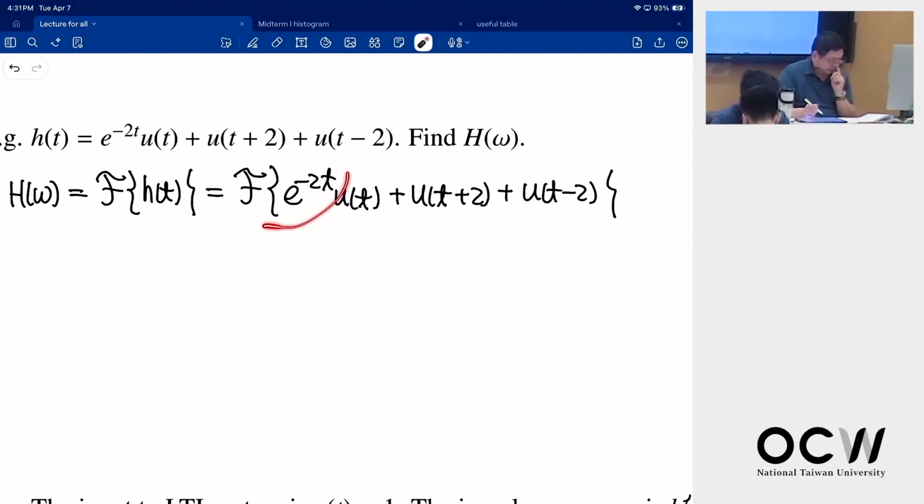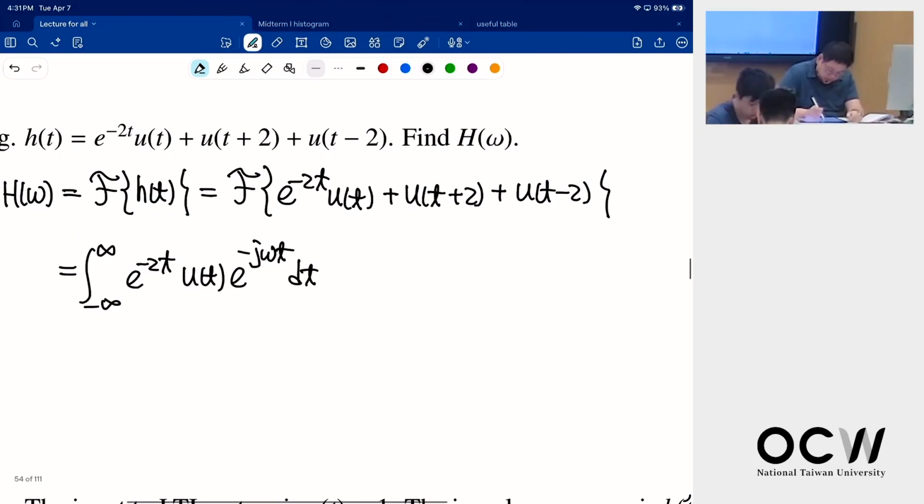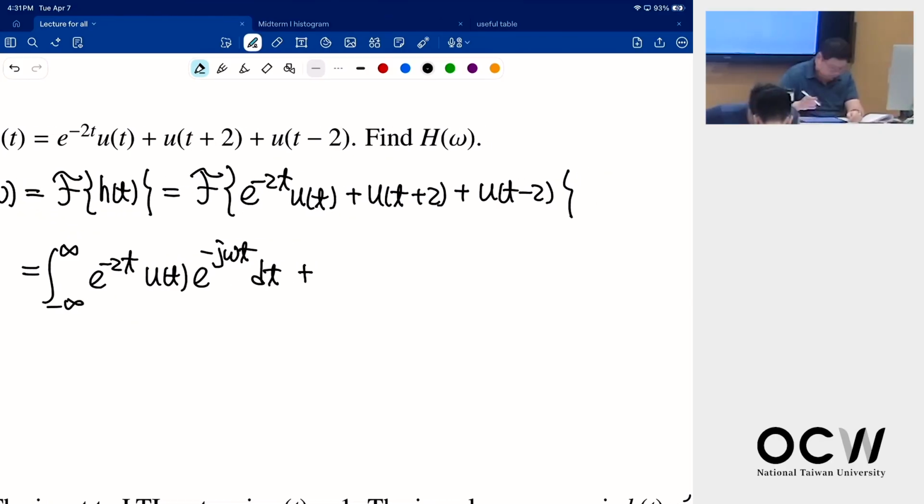We just multiply by the exponential. Okay, so we have e to the minus 2t u(t) Fourier transform, so e to the minus j omega t dt. And the second and third term, it's just like unit step function and a shift.